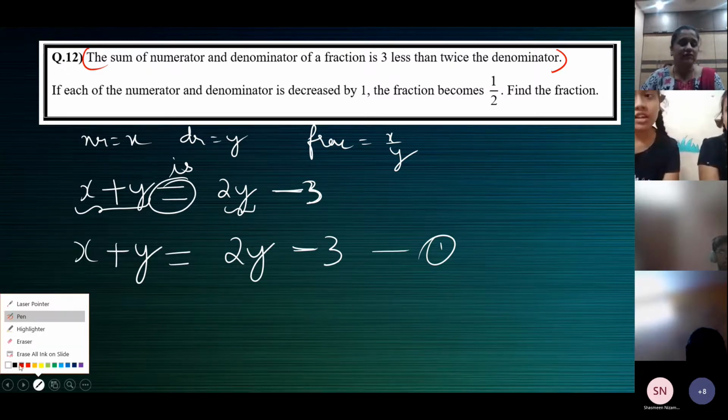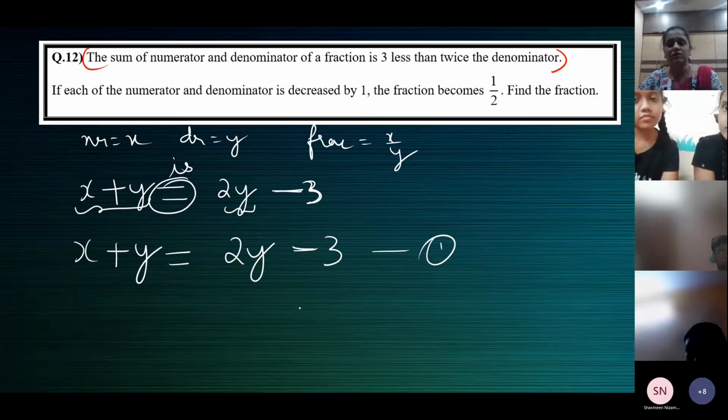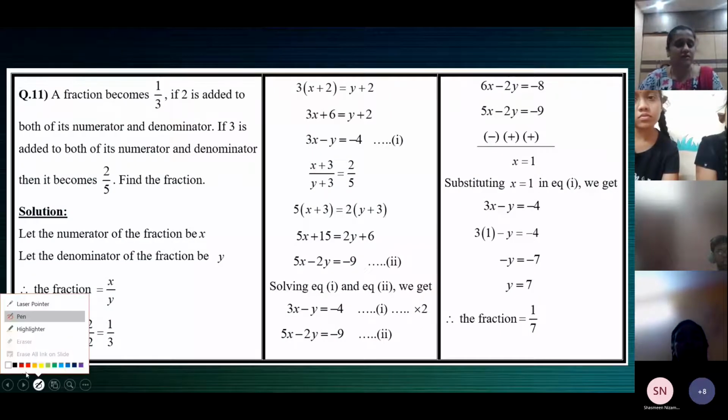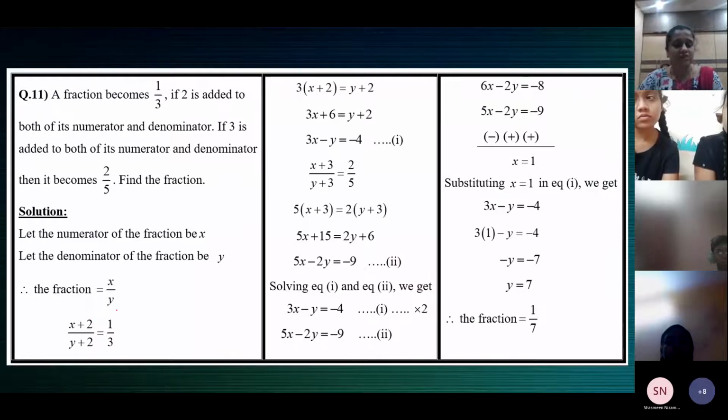Okay, one more thing I'll have to clarify here is, since it's about fractions, it's not that the equations must be in fraction form only, like we got in the earlier one. It depends on the information given.